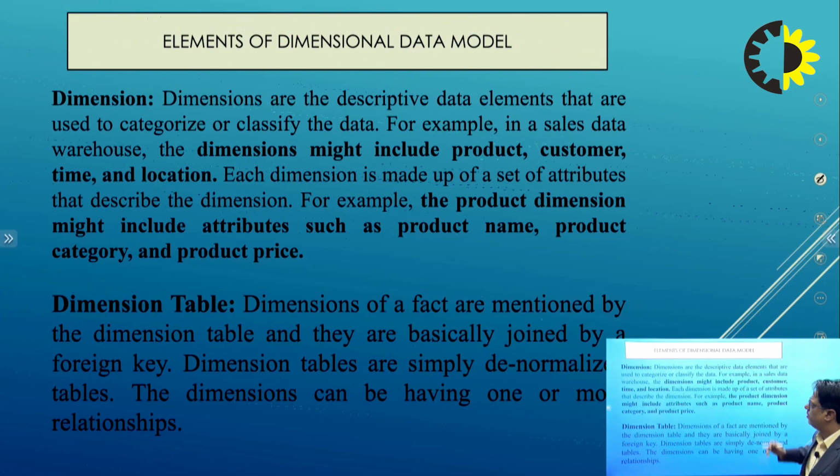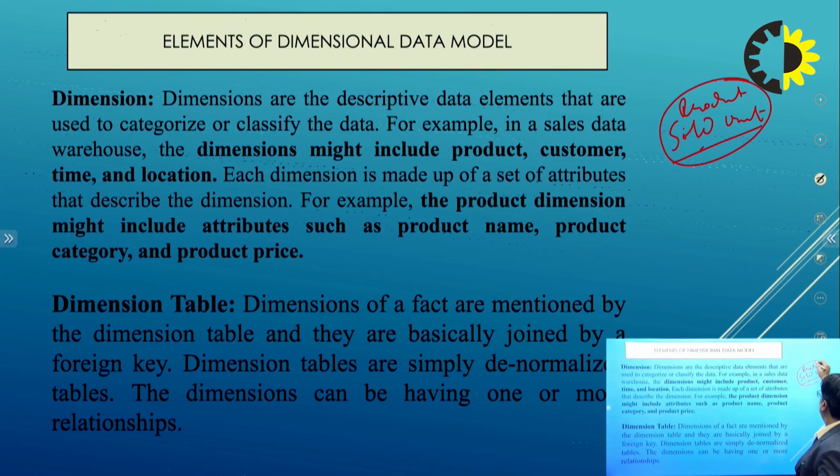What are dimensions? Dimensions basically consider the descriptive data. Like in the fact table, we have sold units of any product. This is the fact, and this attribute is considered in fact tables.